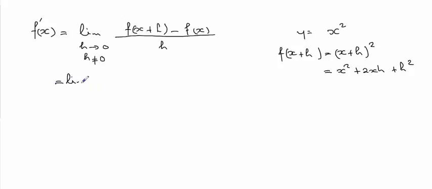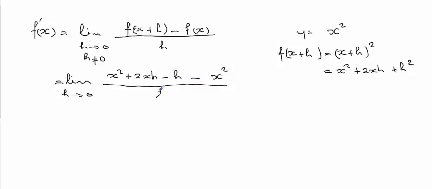Then we have here the limit as h is approaching 0 of this expression, x squared plus 2xh plus h squared, minus f of x, which is the original expression of the function, which is x squared, all over h. Now, at this stage, you can see that this term x squared and that one make 0, so we get rid of them.